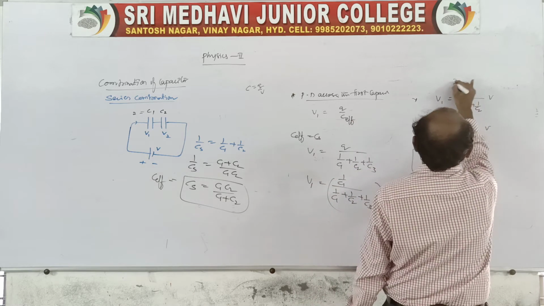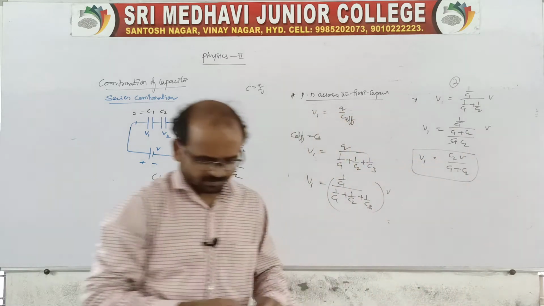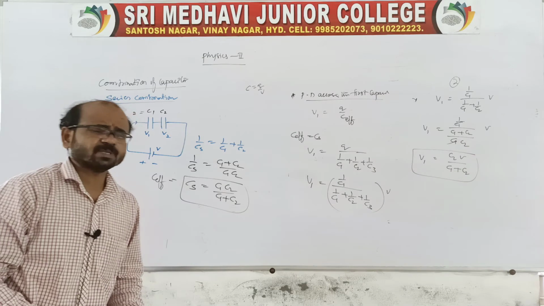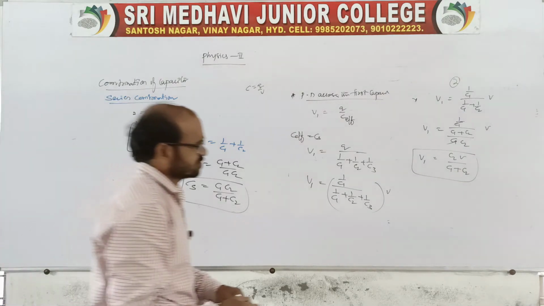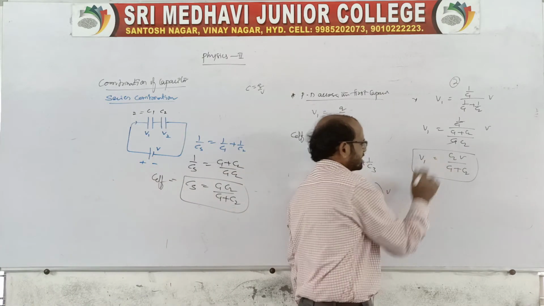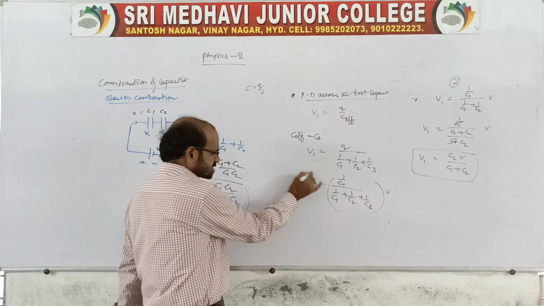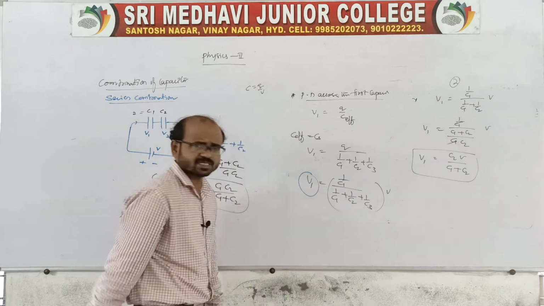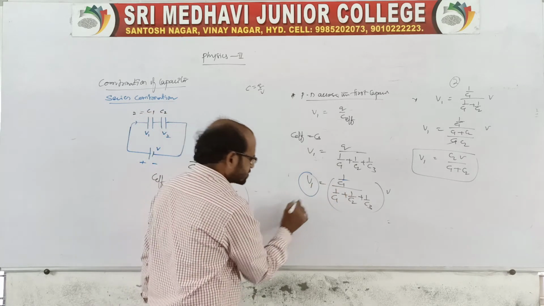If two capacitors are connected in series, that's what I mean here, the potential difference V1 is equal to C2 V by (C1 plus C2). Or if three capacitors are connected, therefore 1 by C1 divided by (1 by C1 plus 1 by C2 plus 1 by C3). Suppose you want to calculate this also, you will get it like this.